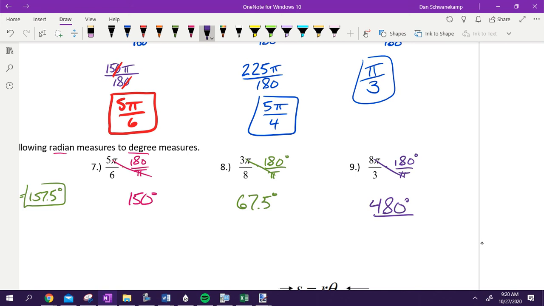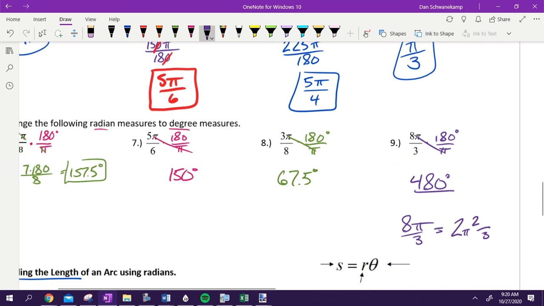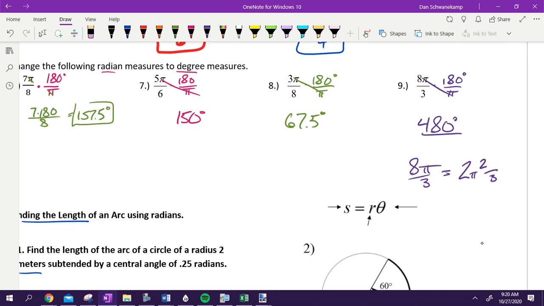Yeah, because 2 pi is all the way around. So if she were to reduce 8 pi over 3 and put that as a mixed number, she would get 2 and 2/3. And so 2 pi is 360 degrees, and she would need to go 2/3 more around the top to get her answer, which makes sense that it's bigger than that.